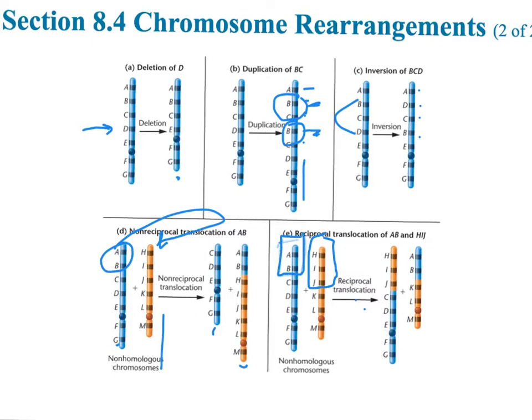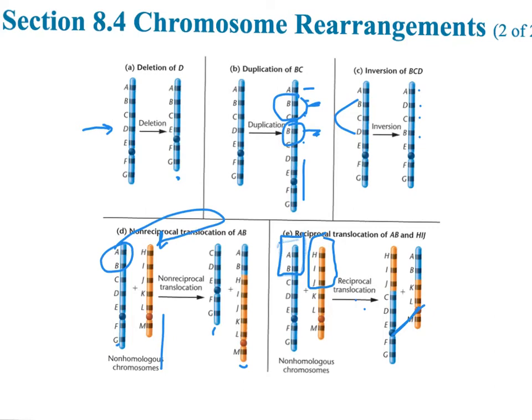Notice the centromere stays the same, and so they just swap spots. But you can see that on the orange, the HIJ is bigger than the AB. So it's not a 1-for-1 reciprocal. It's just pieces of non-sister and non-homologous chromosomes.